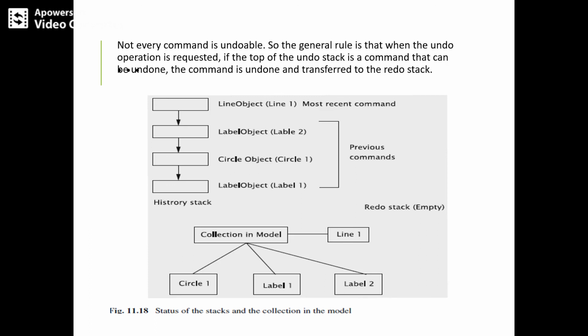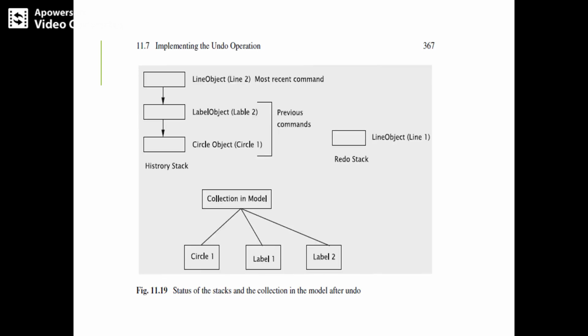So line 1, line 2, label 2. In the next slide, the command is popped from the history stack and pushed onto the redo stack. So line 2 is the more recent command, on the redo stack, while line 1 remains in the collection in the particular model.